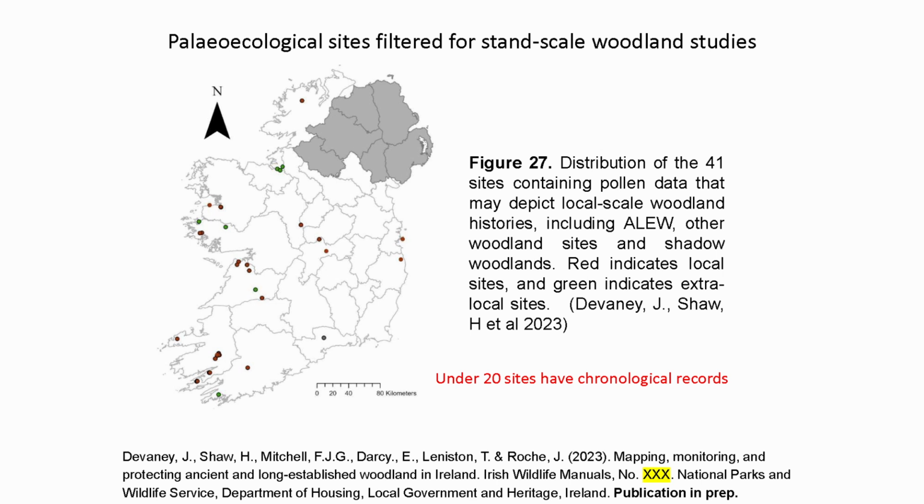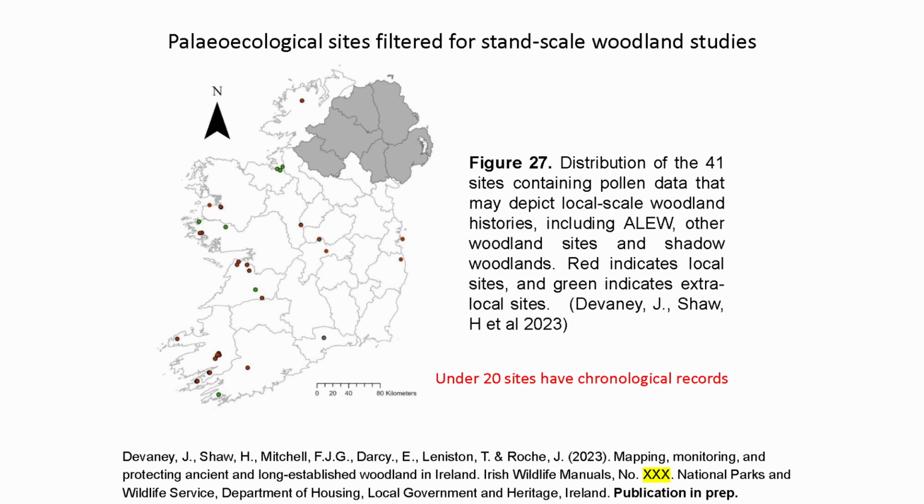Now, if we take the distribution of those pollen diagrams that came out from the Irish pollen database, and we sift them specifically for local-scale pollen diagrams under woodland, we come up with maybe 41 sites that have some potential, and then actually about 18 sites are really useful.